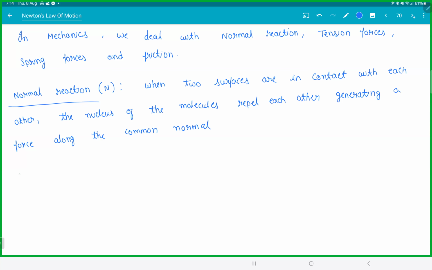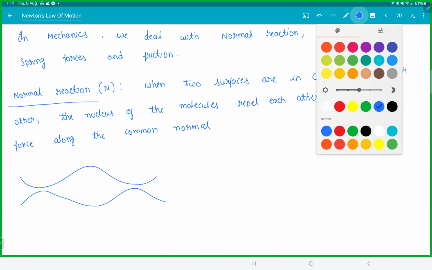Now, so when you take two surfaces like this, so this is what is actually happening.